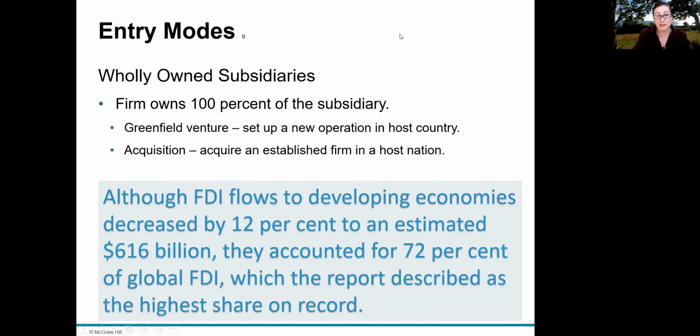And the report that is provided as a hyperlink here, put out recently, says that that is the highest share on record. So what we're talking about then is that 72% of global foreign direct investment is going into developing economies. That's an indicator of where the future is.